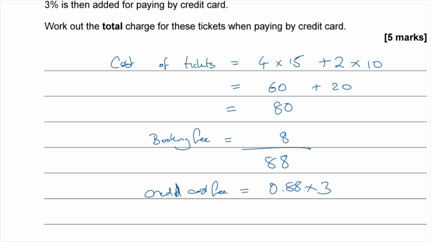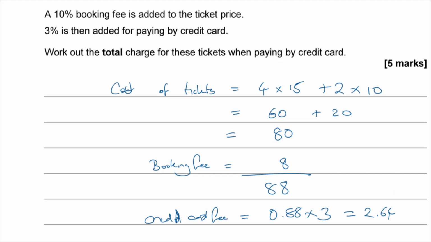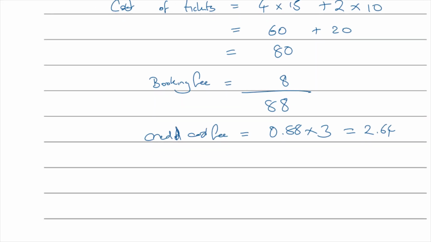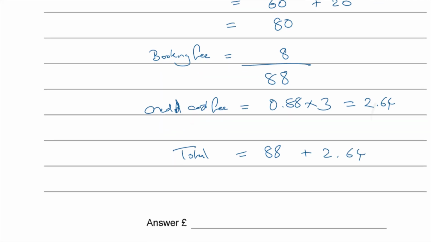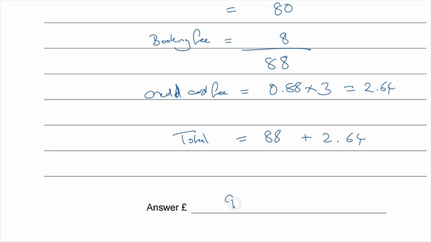So that's £2.64. So then the total amount payable is going to be my £88 plus my £2.64, which is £90.64.